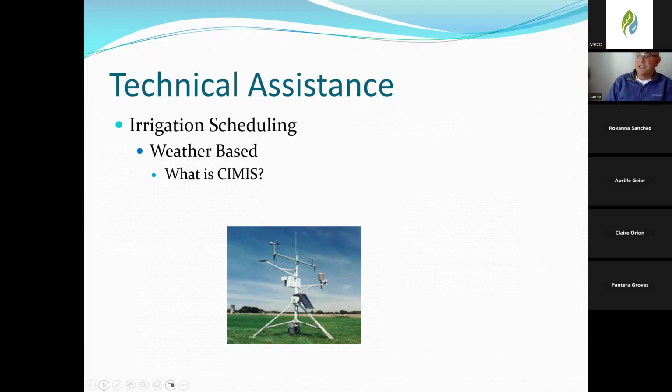It's a system of weather stations throughout the state of California. We have several different stations here in San Diego, as well as 2 in Temecula.